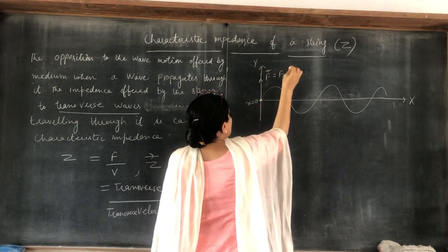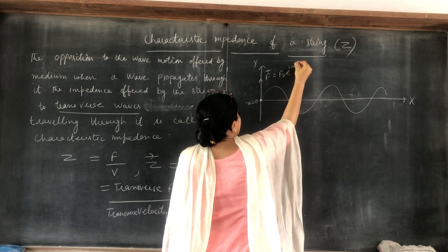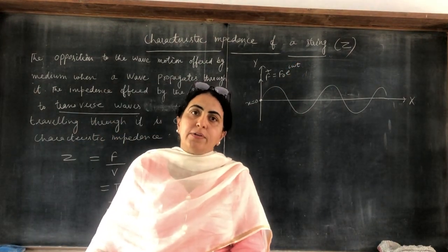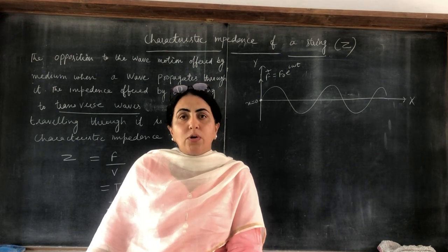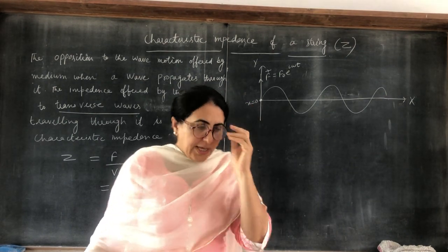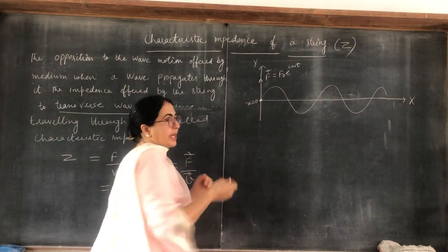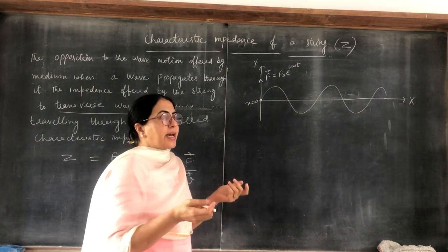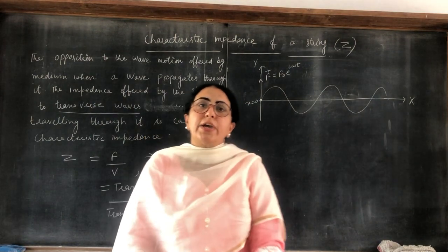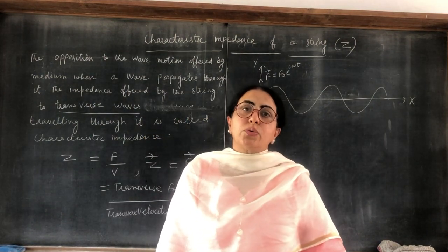F is equal to F naught e raised to the power iota omega t. This is the applied transverse force. Now there is a tension in the string. If T is the tension in the string, along the negative x-axis we resolve the tension into two parts.